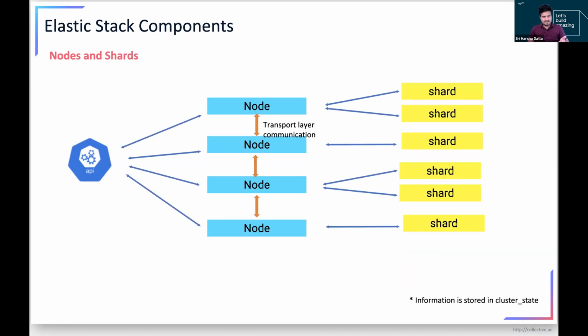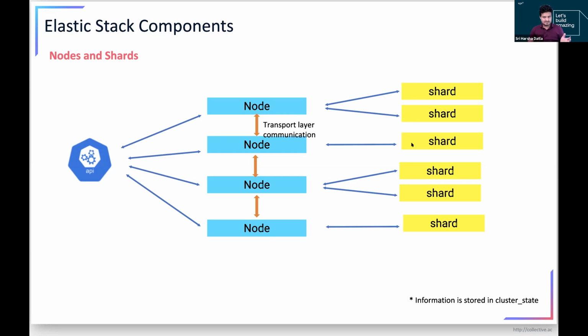A node is a single instance of Elasticsearch running. Each node is an Elasticsearch instance. When a single instance of Elasticsearch runs as a node, as you can see here, a node can contain multiple shards, like two here, or a node can contain just one shard.